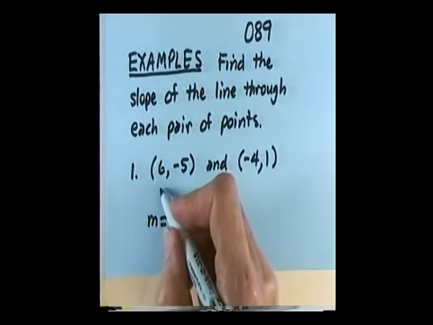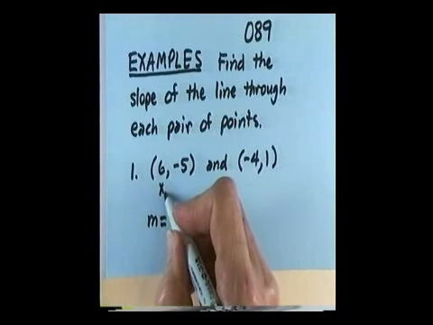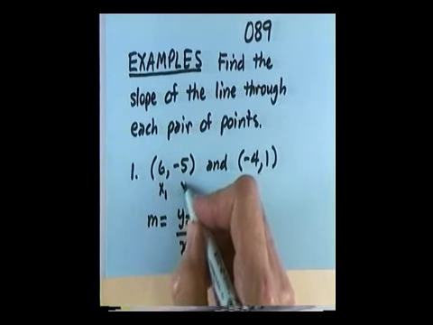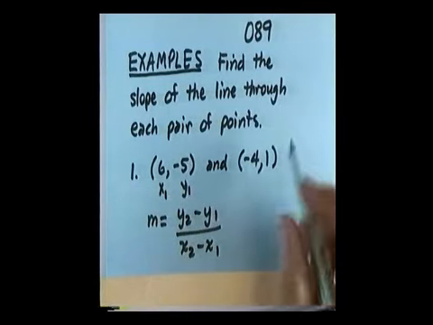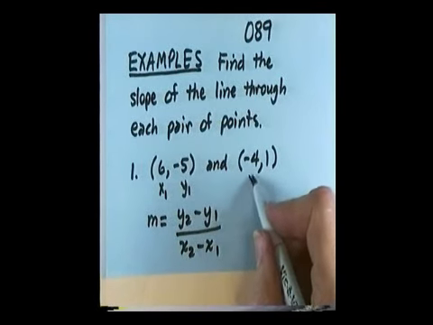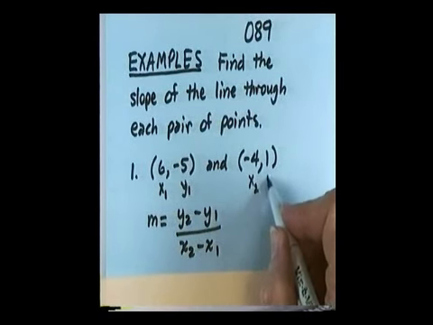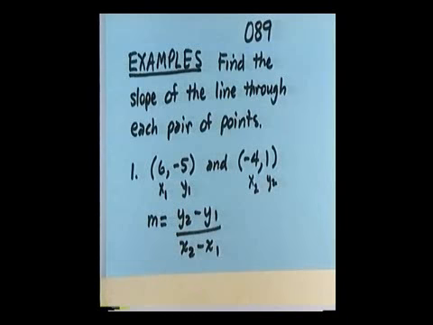We have an x and a y in the first point: here's x1, here's y1. In the second point we have an x and a y: x2, and here's y2. Now that our values are labeled, it will be a simple matter to fill in each piece where it belongs.